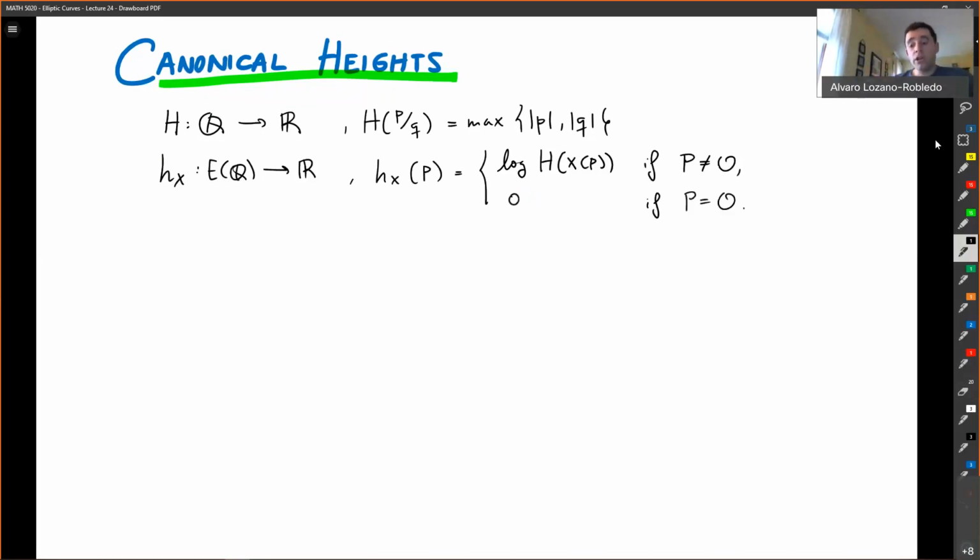Okay, so we have those. Now, more generally, we can construct a height for any even function on E. The thing that we're using about the x coordinate is that it is an even function.